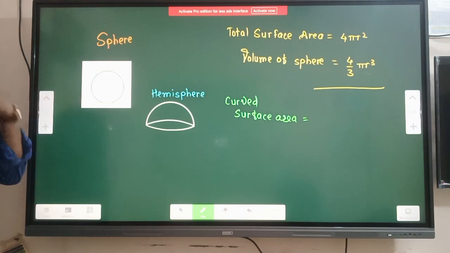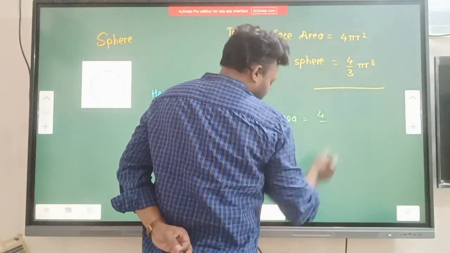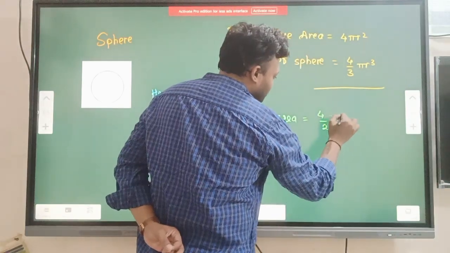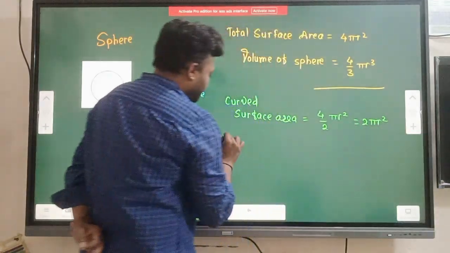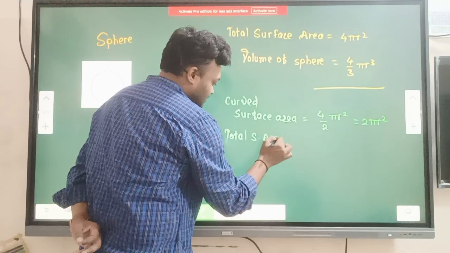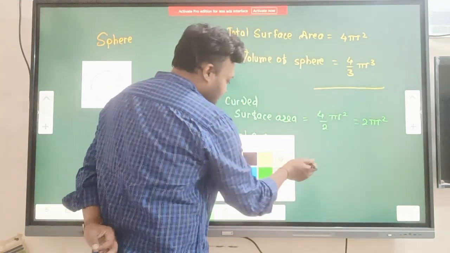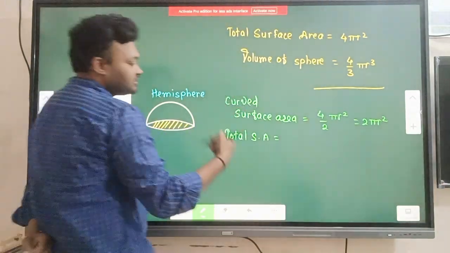So what is the curved surface area? It will be 4 pi r square divided by 2. It will be 2 pi r square. Then we have total surface area. Again the total surface area will be the bottom area plus curved surface area.